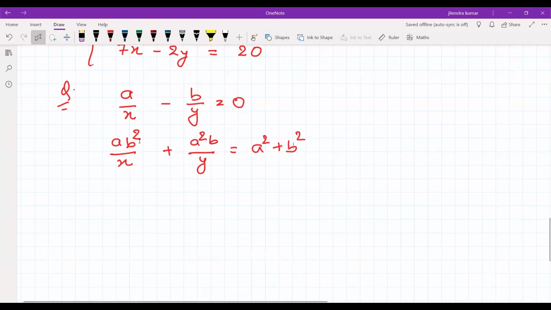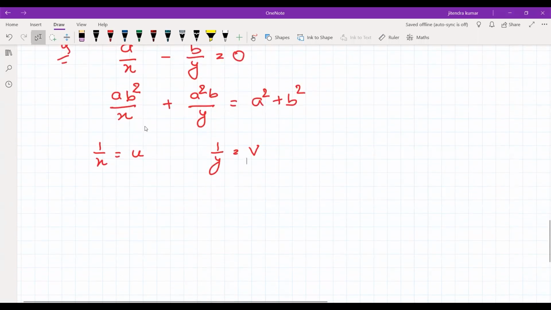You have to apply the cross multiplication method. As I have explained this type of question in the last class also, let's consider that 1 by x is equal to u and 1 by y is equal to v.